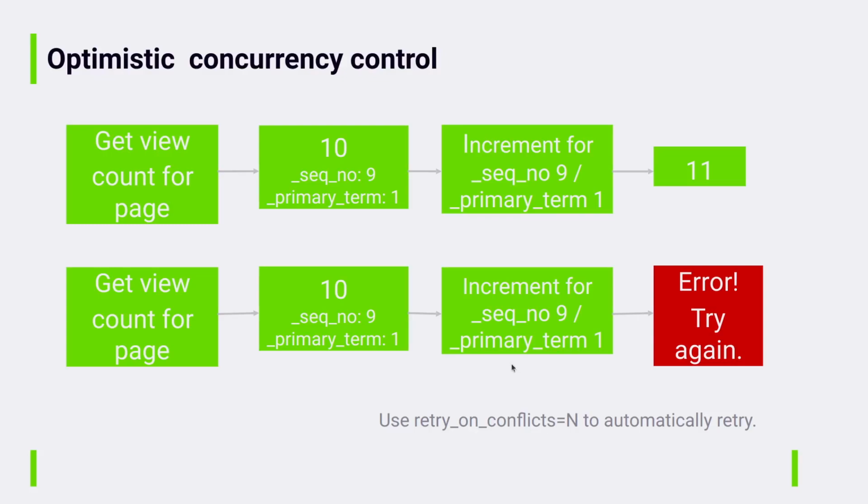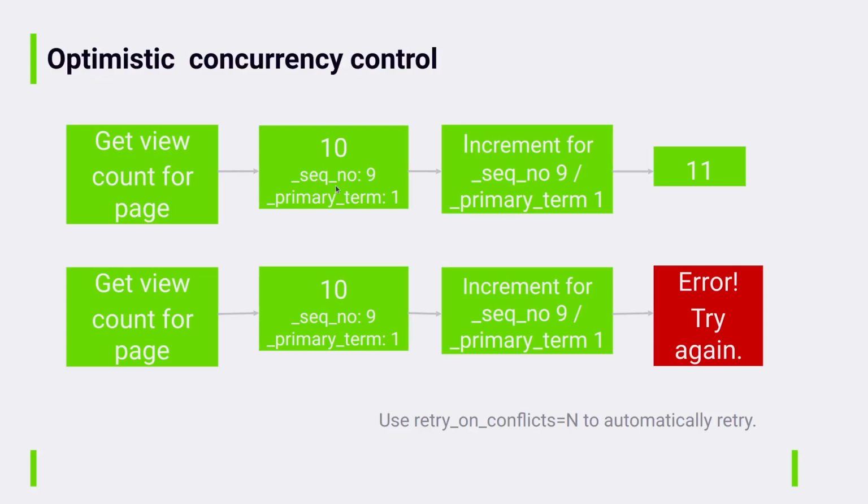The solution to this problem is that when the client requests the view count, instead of only returning the view count, Elasticsearch also sends a sequence number and a primary term associated with it.